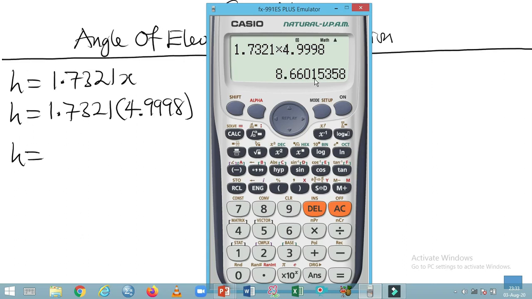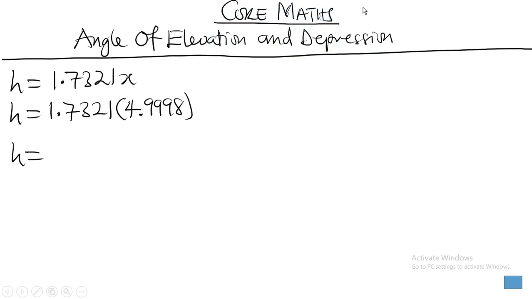So our H is going to be 8.6602 meters. But we were told to leave our answer to 2 decimal places. Therefore, our H will be equal to 8.66 meters.